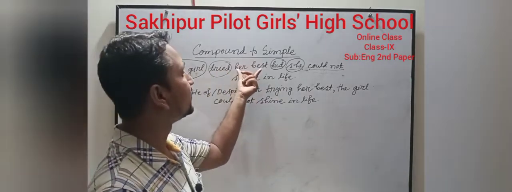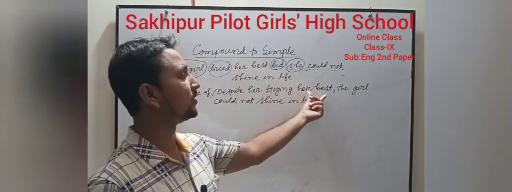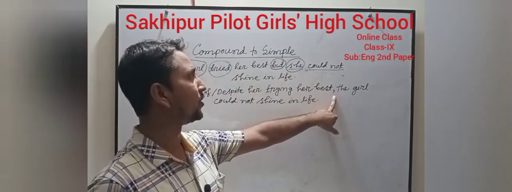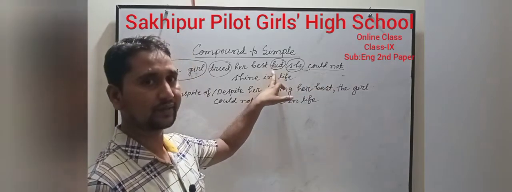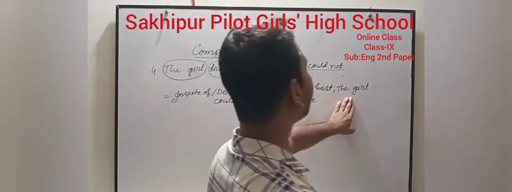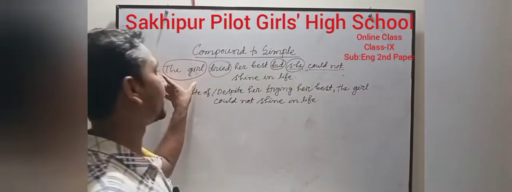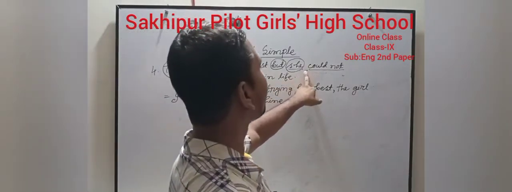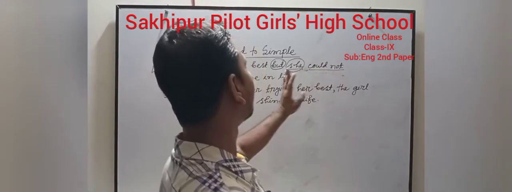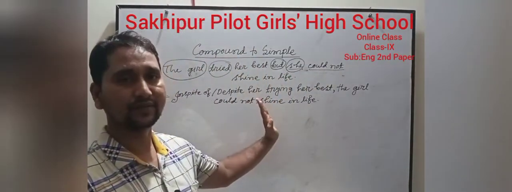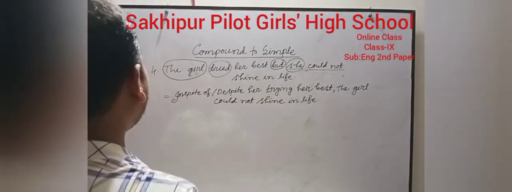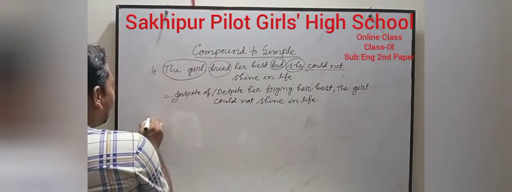And then you have to write the rest of the part of the clause, her best. Then you have to write a comma instead of "but". After that, you have to write the subject of the first clause. Then you have to write the rest of the part of the clause, could not shine in life. It's a very important rule.